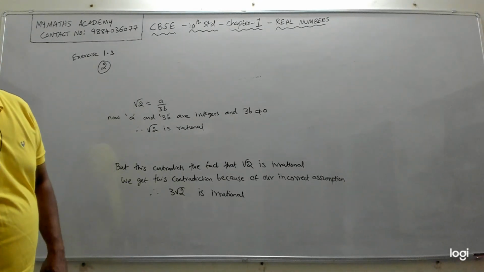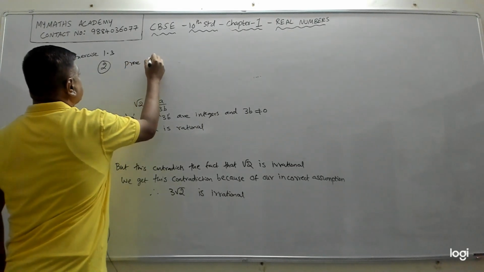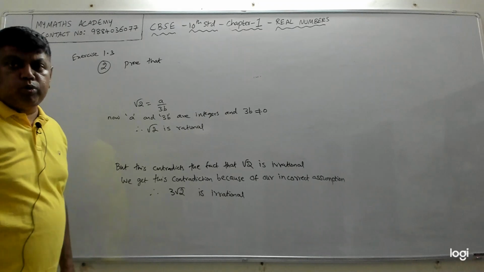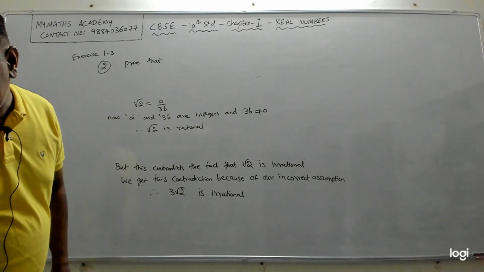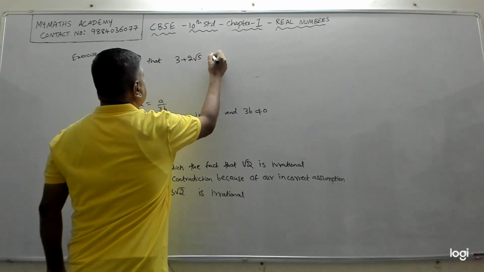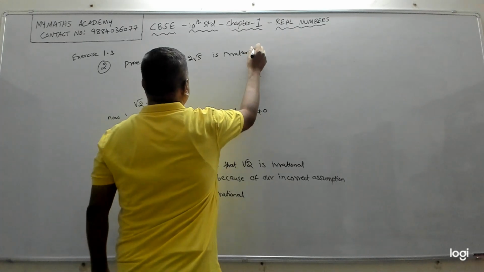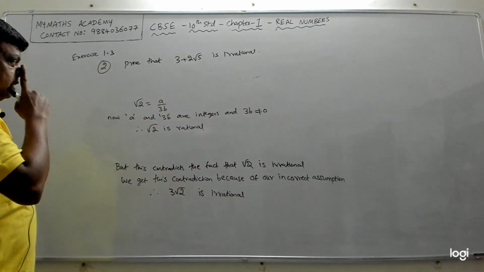So what is that? Prove that 3 plus 2 root 5 is irrational. We have to prove this. So the same method we will use.